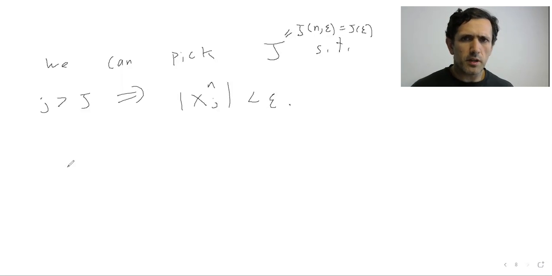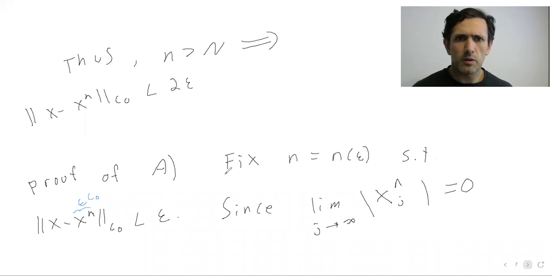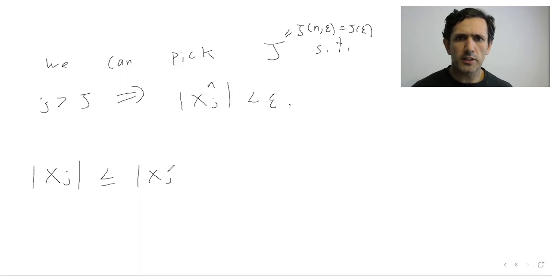If little j is bigger than big J, then xj is less than or equal to xj minus xjn plus xjn.